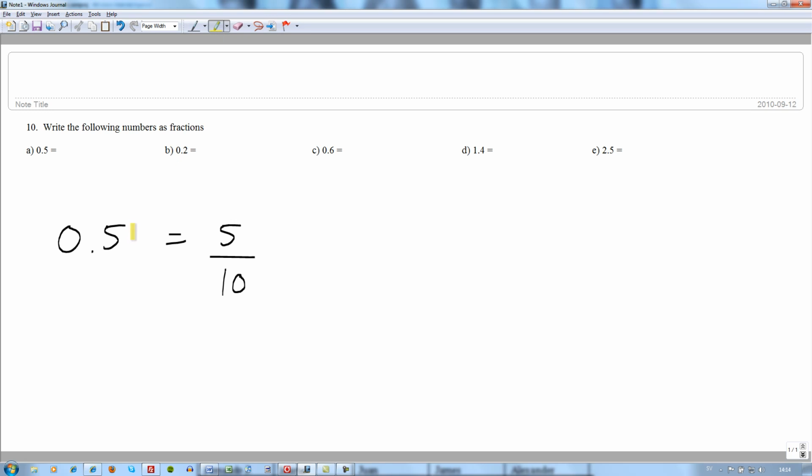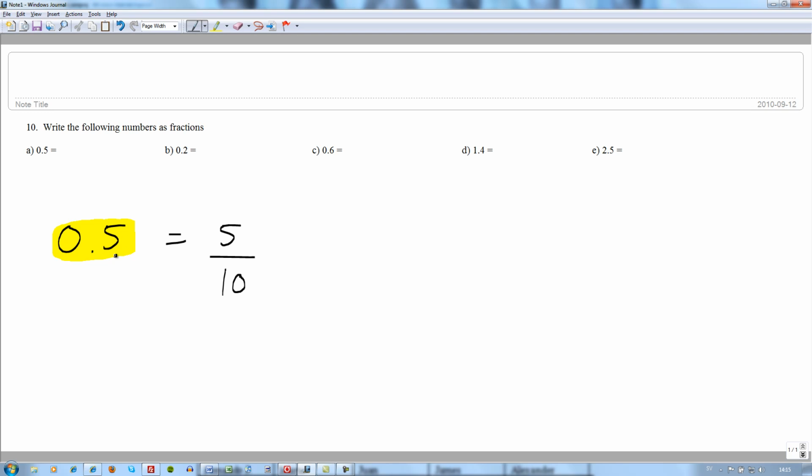Why? Well, if you think of this decimal number 0.5, you can multiply that by 10. So 0.5 times 10, that's 5. But then when you multiply it by 10, you have to divide it by 10. So you have 0.5.